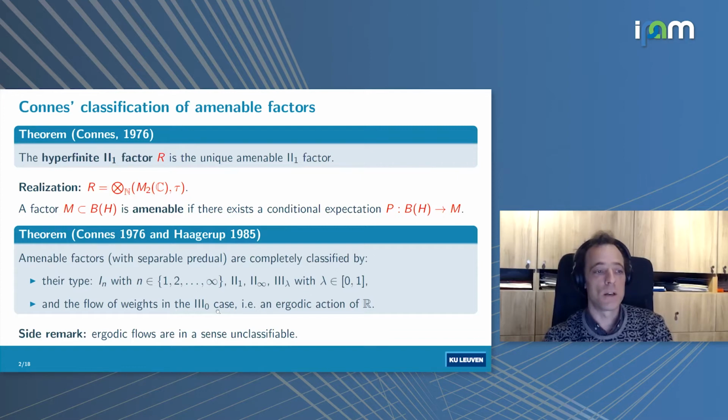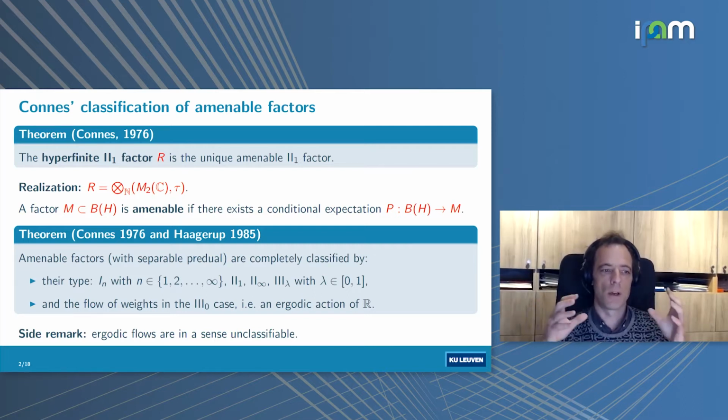And then in the III_0 case, which is somehow the most complex, there is an extra invariant. It's not just lambda being 0, but there is an extra invariant called the flow of weights. And this flow of weights is an ergodic action of the real line. So there is an ergodic flow that comes as an invariant of the factor.